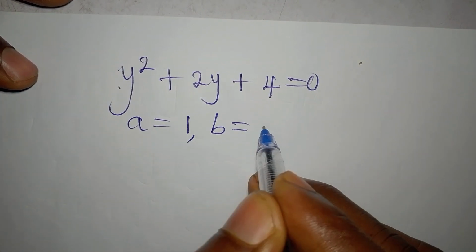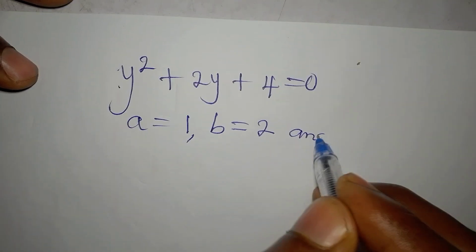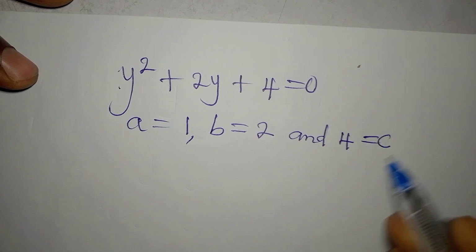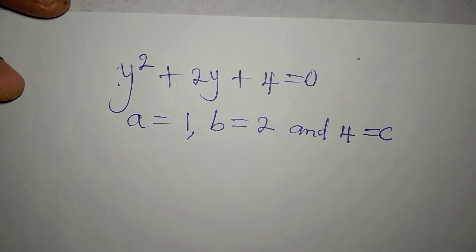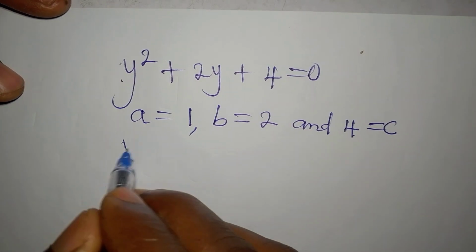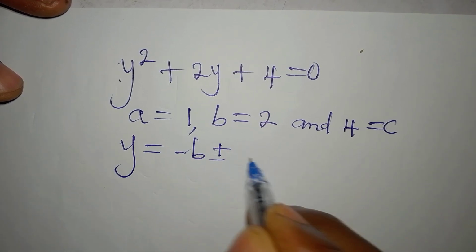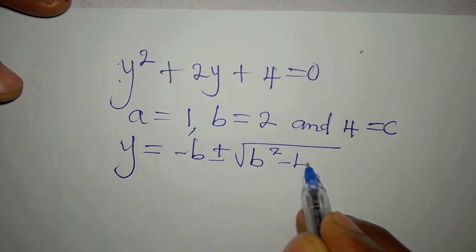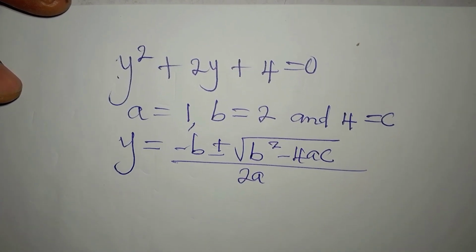B is going to be 2, the coefficient of y. And our 4 is equal to c. Now the formula is y equals minus b plus or minus square root of b squared minus 4ac, all of this over 2 times a.